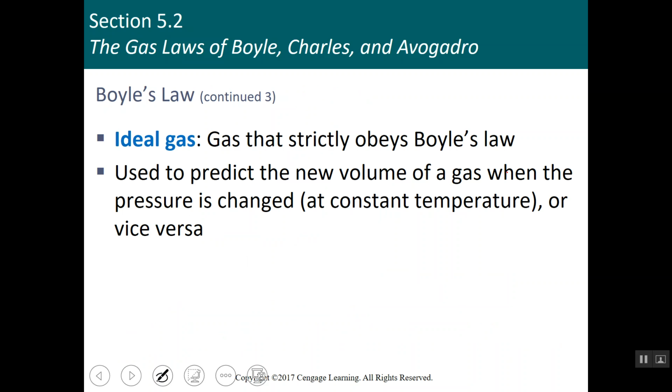Boyle, through his experimentation, knew that an ideal gas strictly obeyed his law, and an ideal gas behaves in such a way that the molecules of the gas don't interact with each other, don't cause any kind of either adhesion or pushing away.